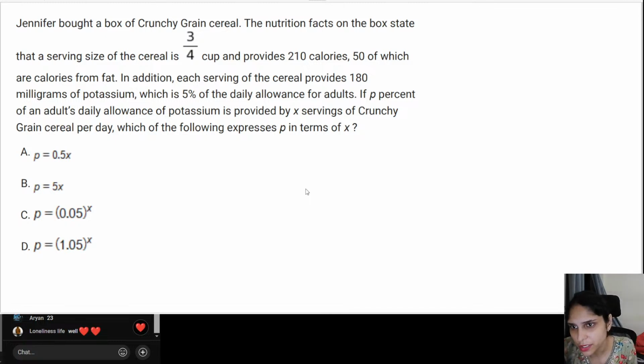If P% of an adult's daily allowance of potassium is provided by X servings of crunchy grain cereal per day, which of the following expresses P in terms of X? So each serving provides 180 milligrams, which is 5% of the daily allowance.